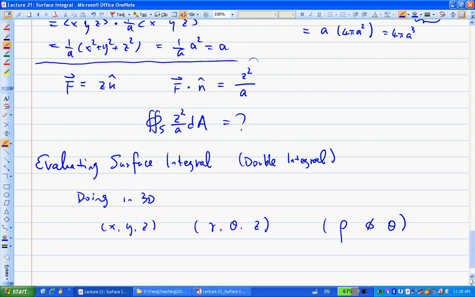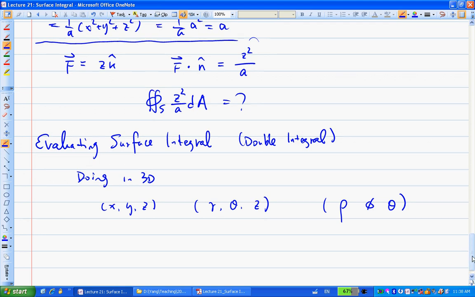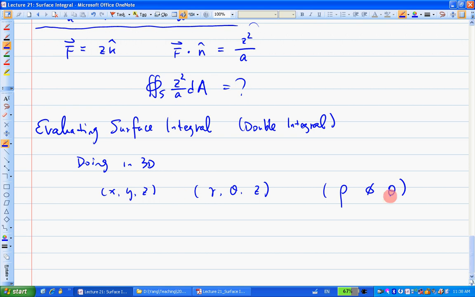Either way, you have 3 variables. But a surface integral is a double integral, so you only need 2 variables to integrate over. In other words, we don't need to use all 3; we only need to pick 2 out of these 3.